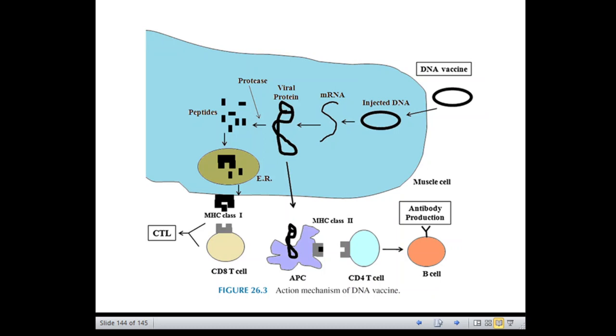They are presented on the cell surface in the context of MHC class 1, and subsequently the CD8 plus cytotoxic T cells are stimulated and invoke cell-mediated immunity. These cytotoxic T cells inhibit viruses through both cytolysis of infected cells and non-cytolytic mechanisms such as cytokine production.